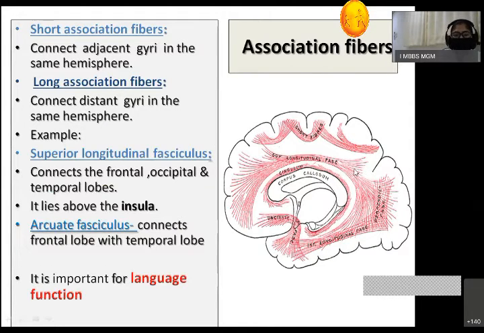It connects the frontal, occipital and temporal lobes, and lies just above the insula. The arcuate fasciculus connects the frontal lobe with the temporal lobe. It connects two important areas of speech, Broca's area and Wernicke's area, and it is important for language function.